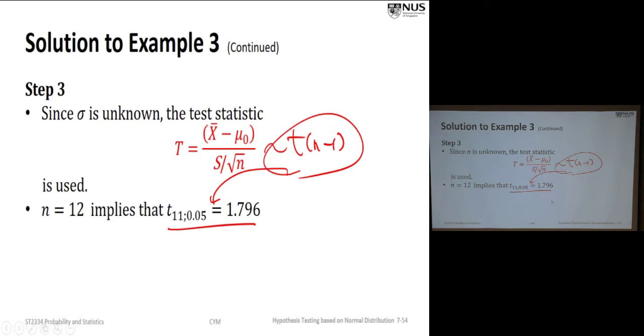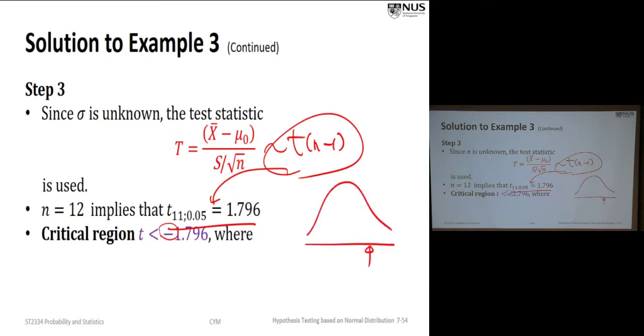So it's 1.796. You get your data, compute your observed value. If it is less than minus 1.796, then we reject. Why the suddenly negative value? Because 1.796 is the value bigger than which the probability is 5%.